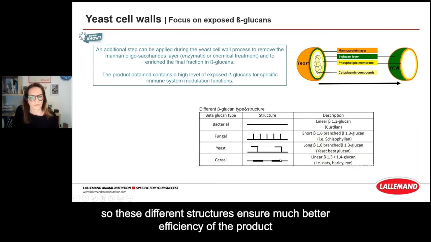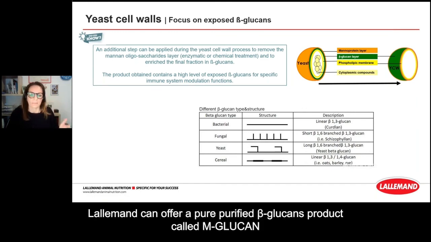So this different structure ensures much better efficiency of the product. Lallemand can offer a purified beta-glucans product called M-glucan.